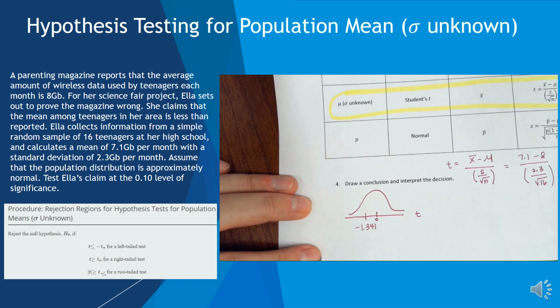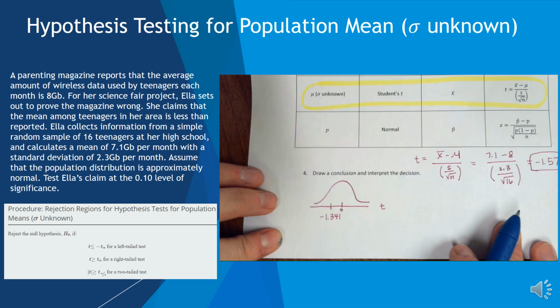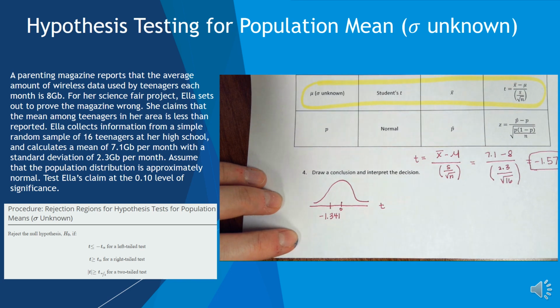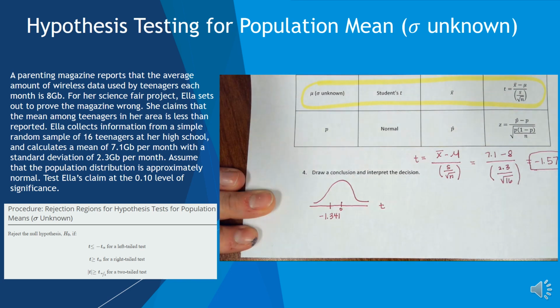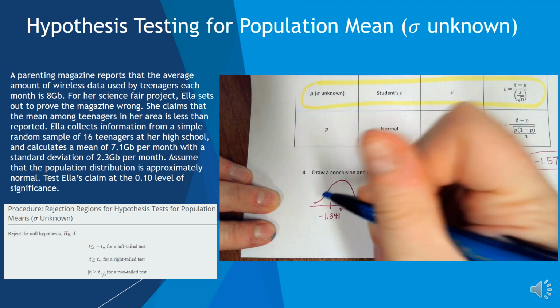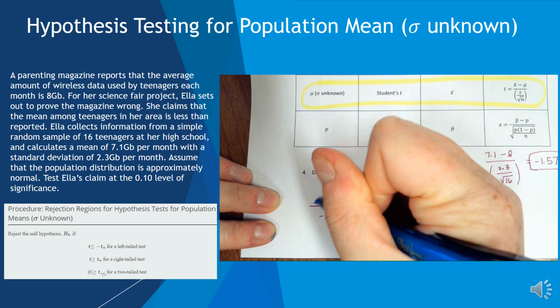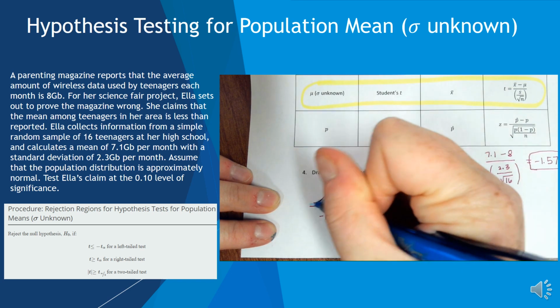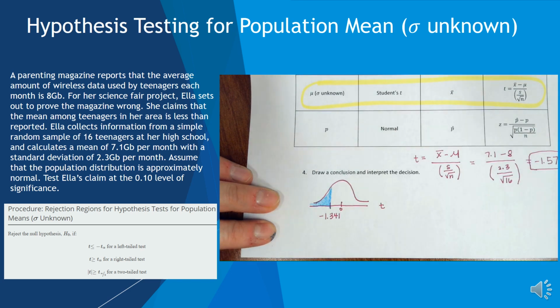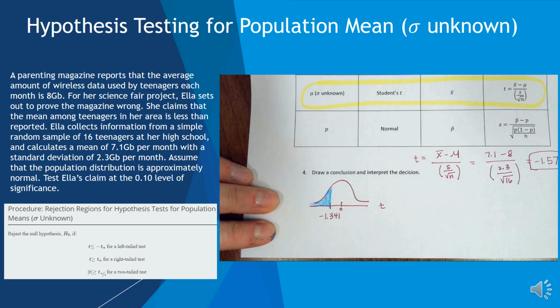Okay, now let's mark our test statistic. Our test statistic was negative 1.57. Well, first, before I do that, let me just highlight the rejection region. So the rejection region is, we're going to reject H0 if it's less than this value. So that's our rejection region that I have colored in there.